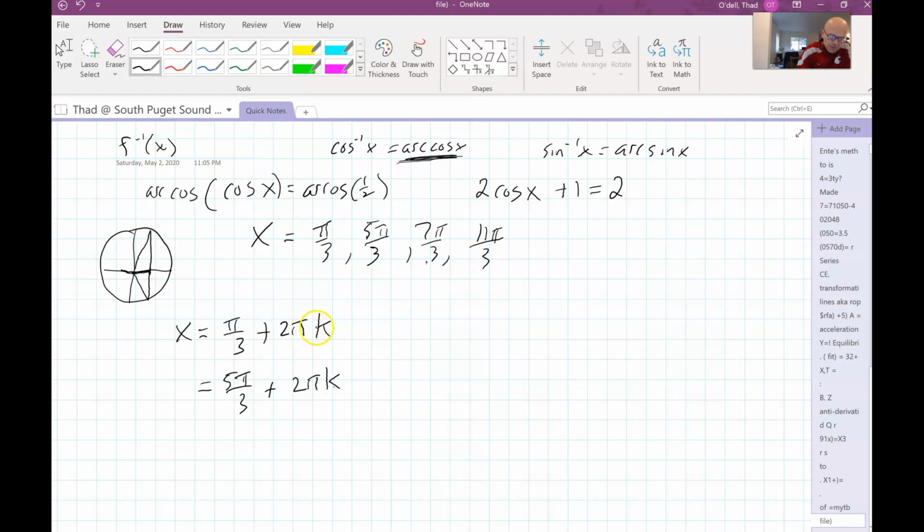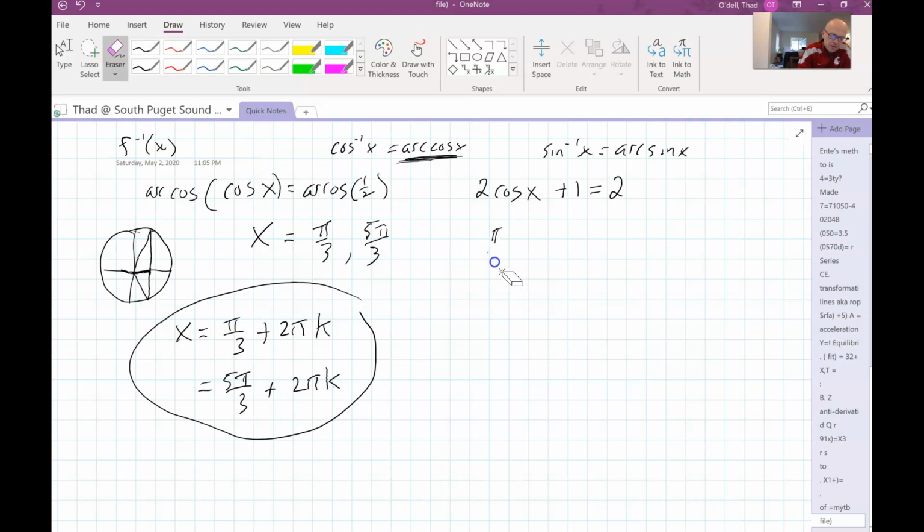If we plug a 2 in for k, that would be 2 trips around. So if they ask you to find all solutions, you'd have to write it something like this. If they ask you to find just, and we will do this sometimes, they might say find all solutions within the range from 0 to 2 pi. In that case, you would just cut these off and just say, there's my answer right there.